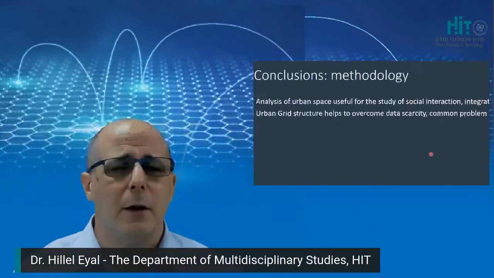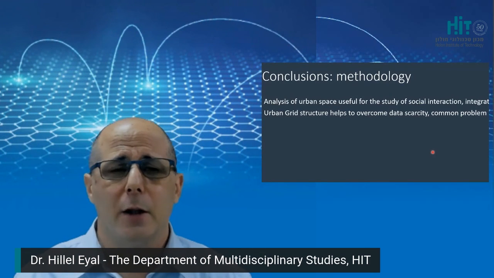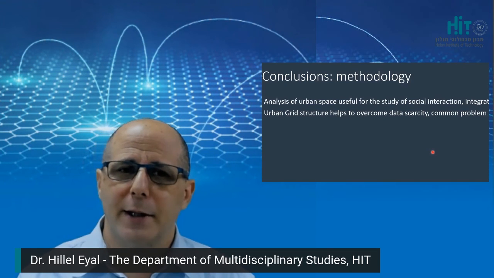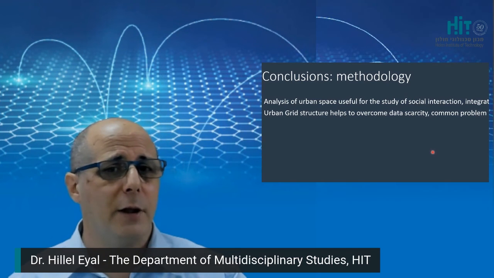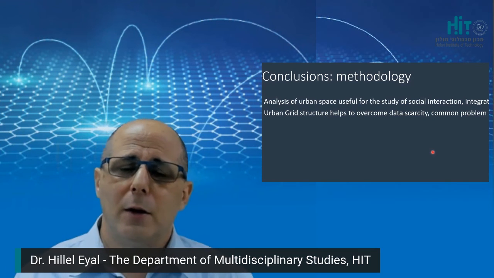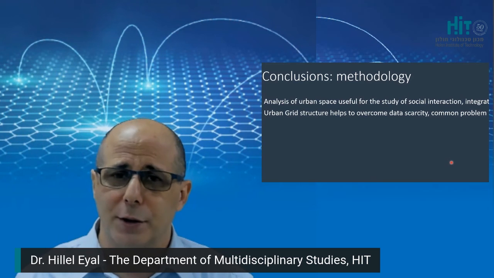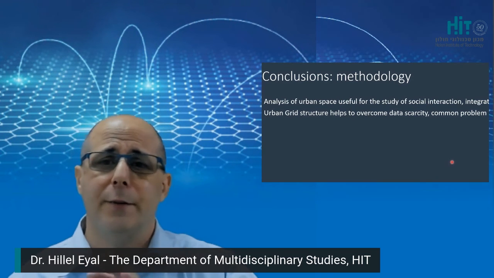Beyond the field of colonial Spanish America, we can draw a few methodological conclusions. First of all, we can see that the analysis of urban space, if we break down a city into neighborhoods or parishes, could be quite useful for the study of social questions, issues like social interaction between different groups.